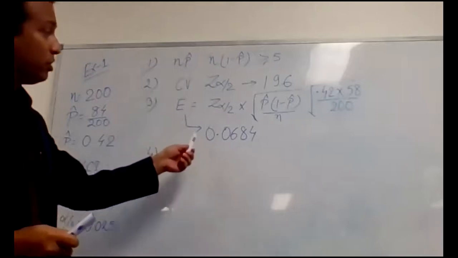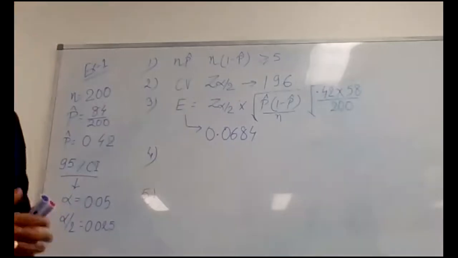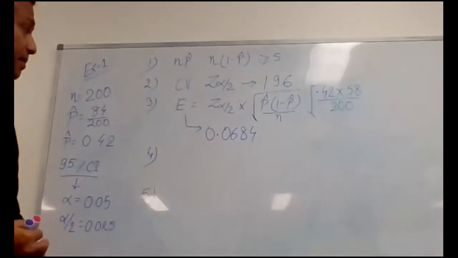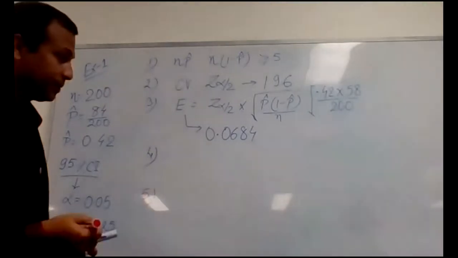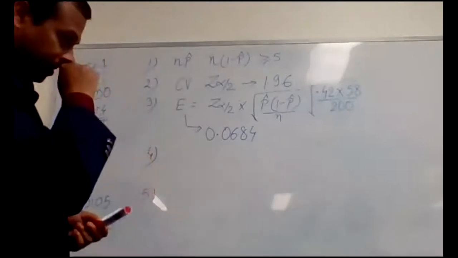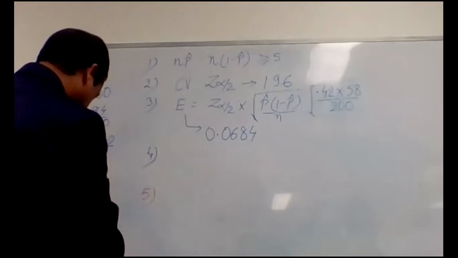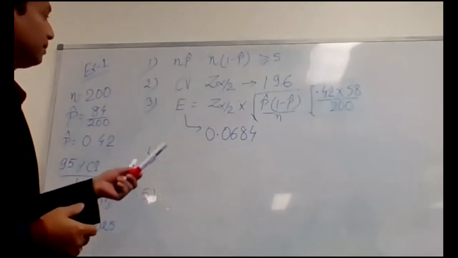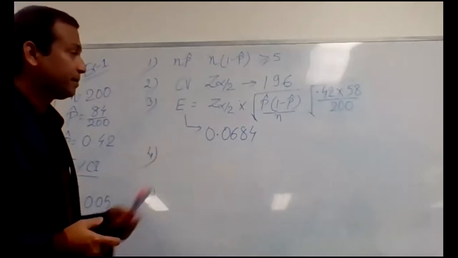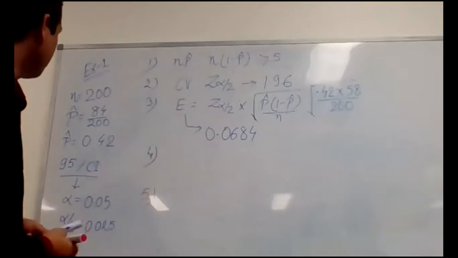It should be around 0.069, what Betty just said. Those who got this one, try to move on to the next stage, step number 4.